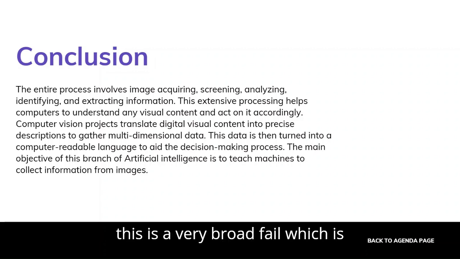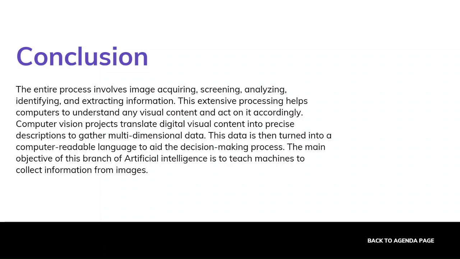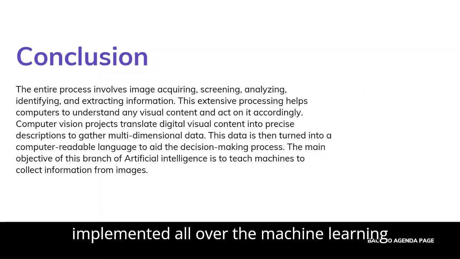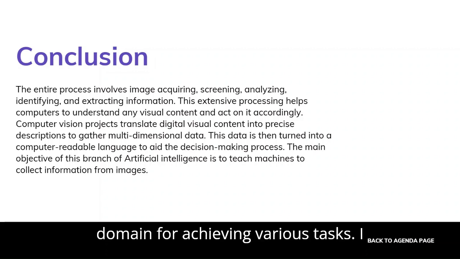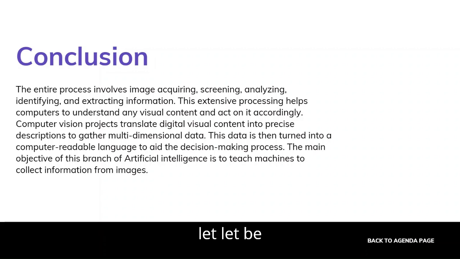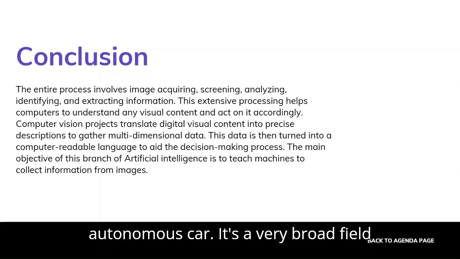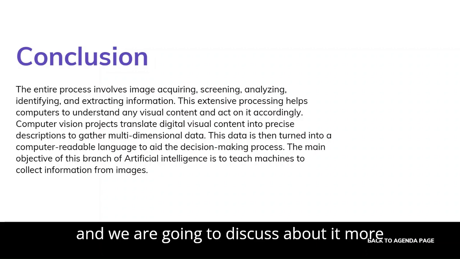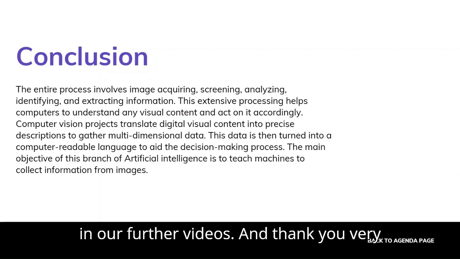This is a very broad field which is implemented all over the machine learning domain for achieving various tasks, be it computer vision in agriculture or in autonomous cars. It's a very broad field, and we are going to discuss it more in our further videos.